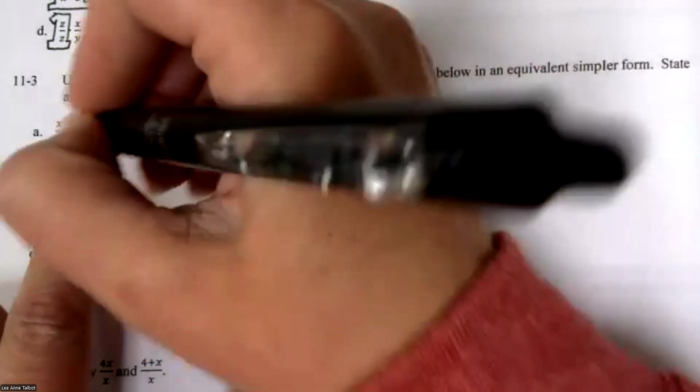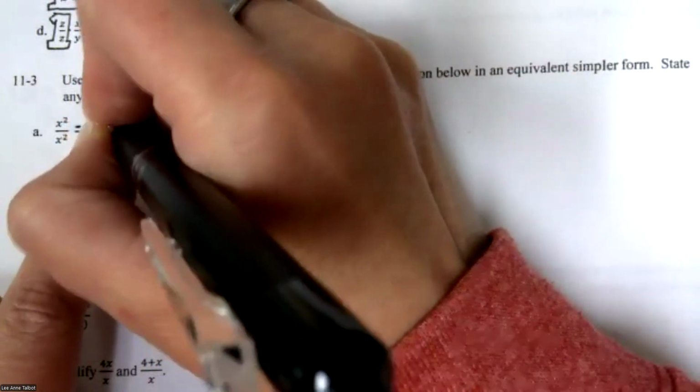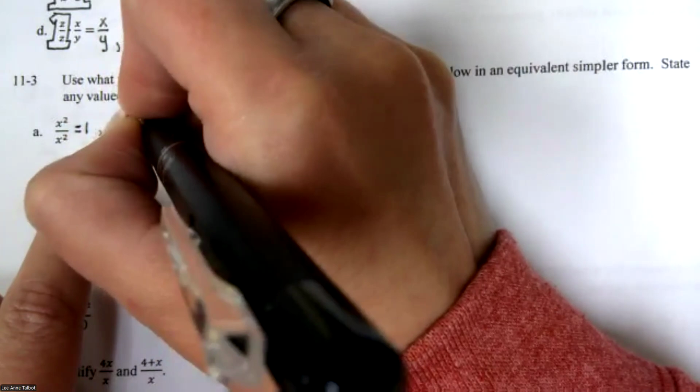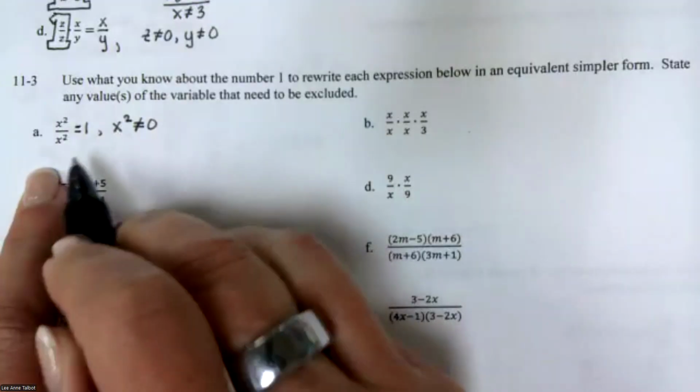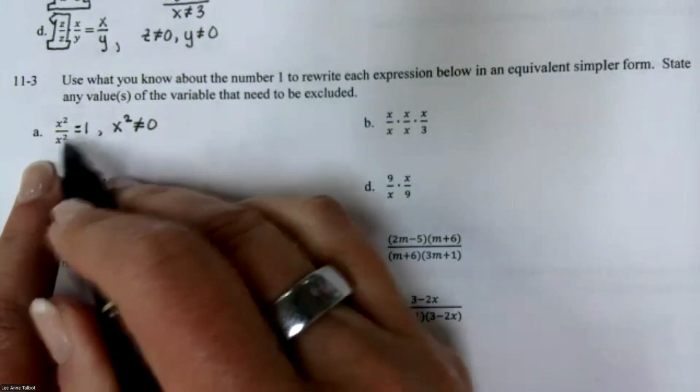Okay, now over here, I'm gonna put comma. X squared cannot equal 0. I want you guys to all be clear that the x squared is the bottom one.